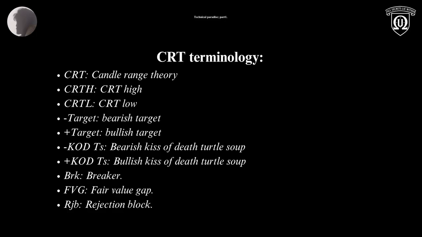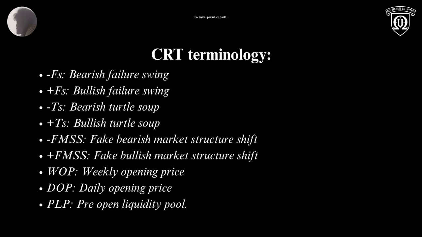Breaker, FVG, rejection block, and we'll see examples of all of these, obviously, in the upcoming lectures and in the FAQs. Minus FS, failure swing, bearish. Plus FS, bullish failure swing.